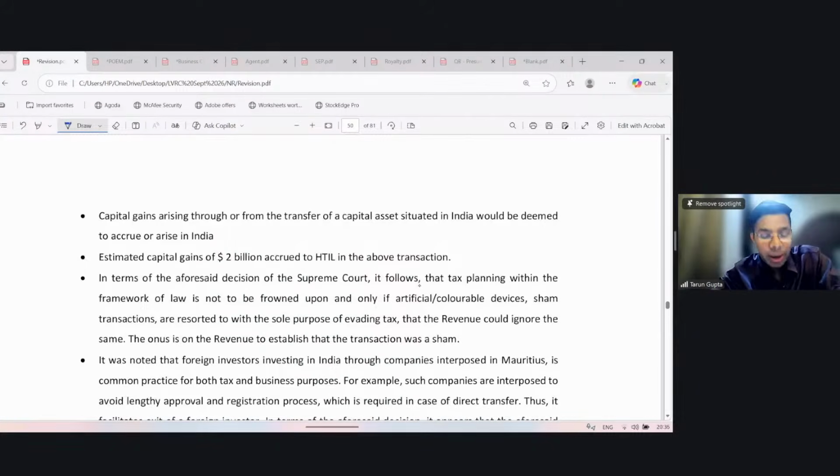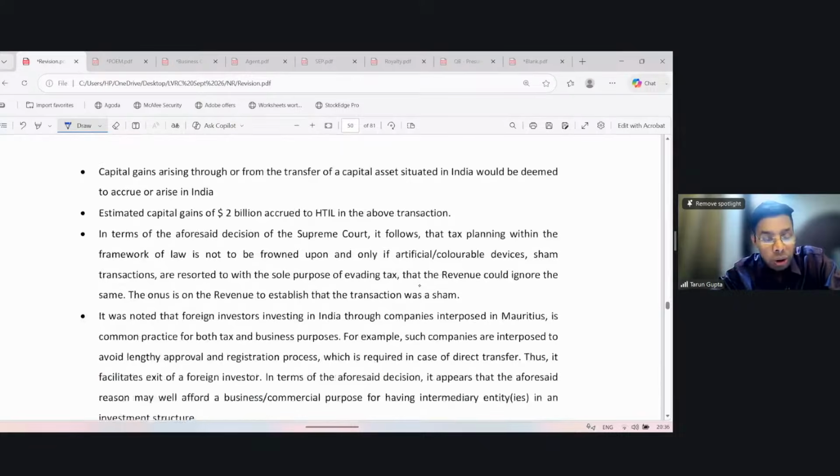Now, it says capital gain arising through or from transfer of a capital asset situated in India would be deemed to accrue or arise in India. This is Section 9(1)(i). So there was an estimated capital gain of $2 billion accrued to Hutch in the above transaction.